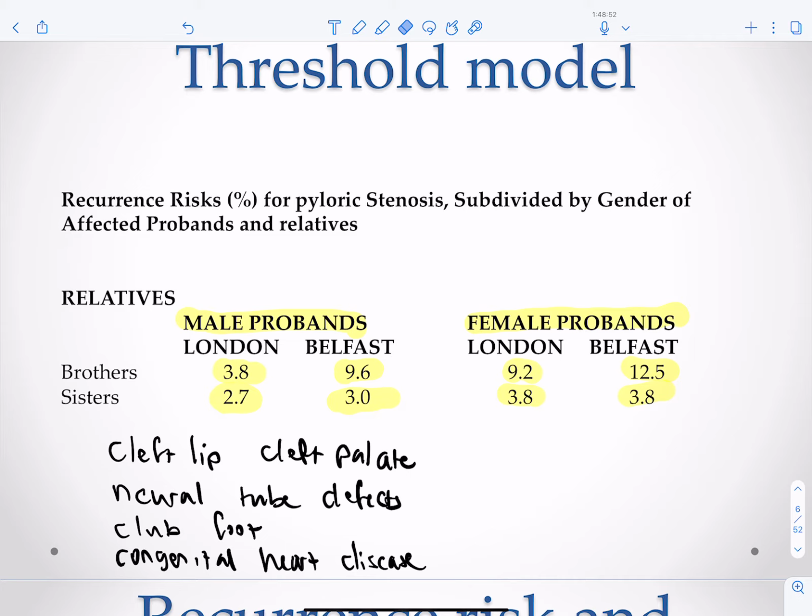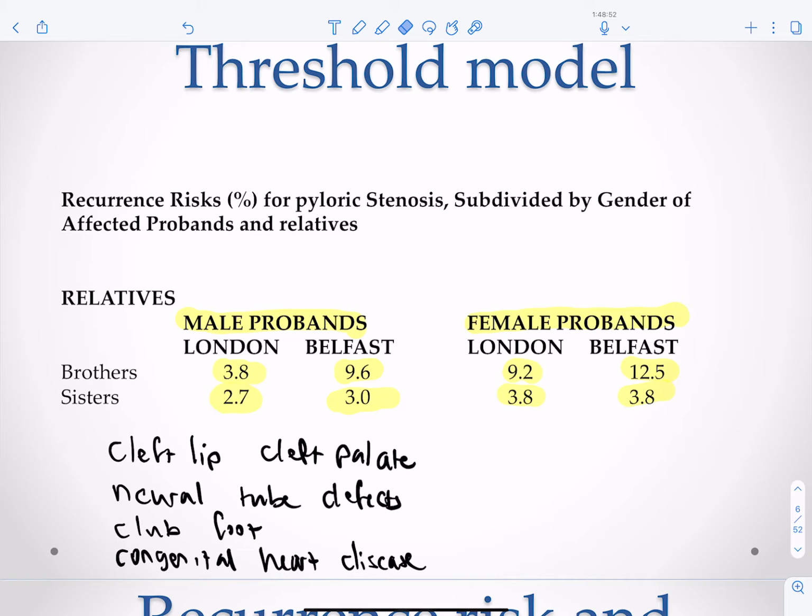Now, if you have a female proband, you can see that the numbers go up significantly. So now with a female proband, the brothers are 3 times more likely to have pyloric stenosis. In Belfast, it's almost 1.5 times more likely, but in London, it's almost 3 times.